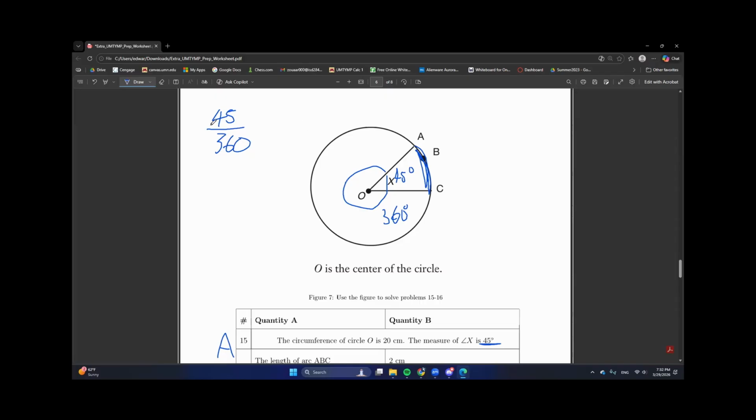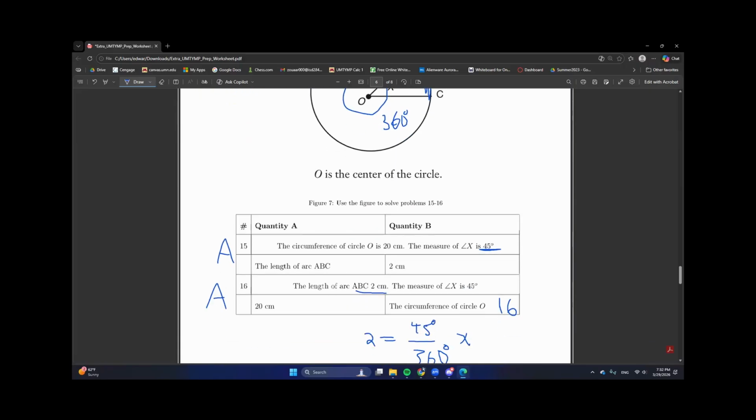Once we get the fraction, we multiply by the circumference, which is 20 centimeters. Solving this, it's 1/8 times 20, which is 20/8, or 2.5. So the answer is A.